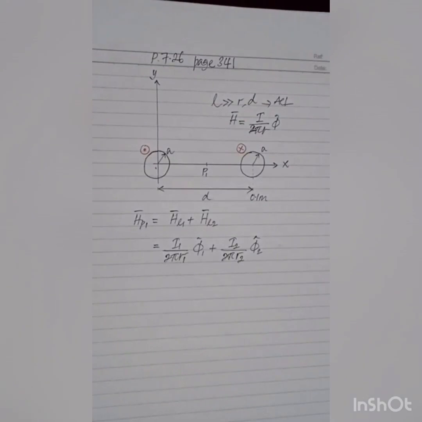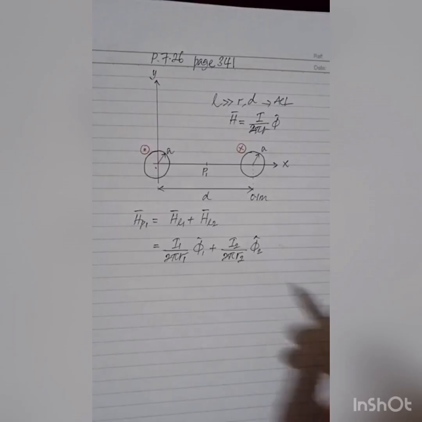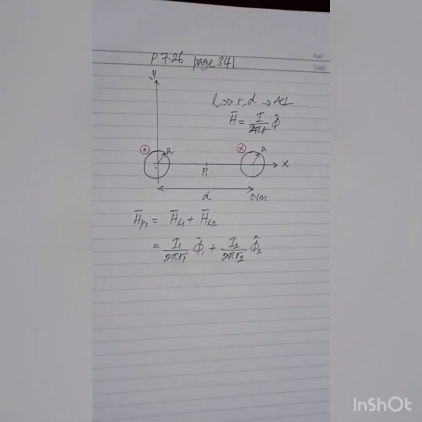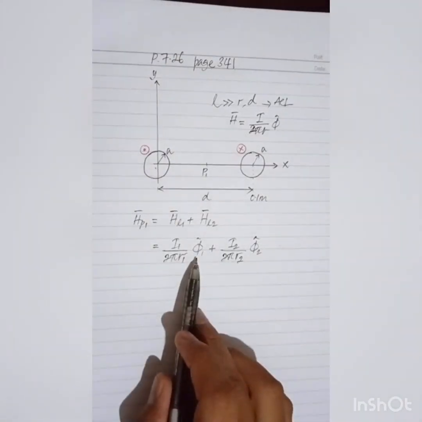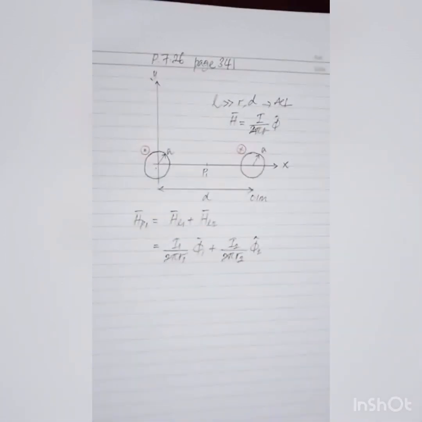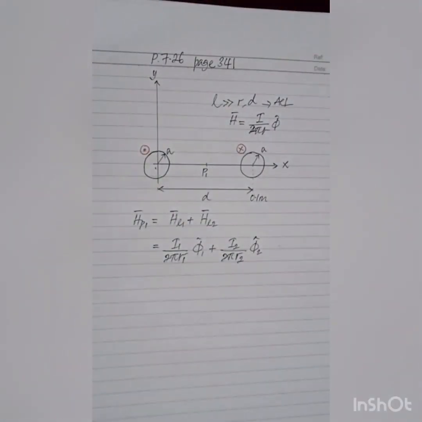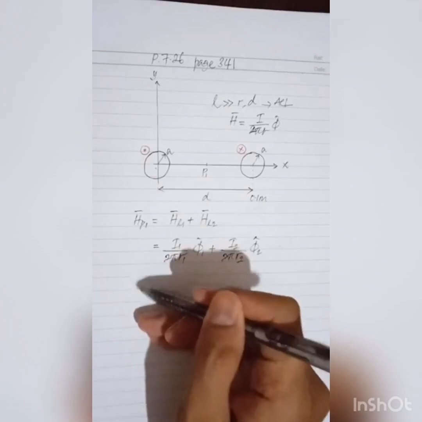Alright, if we just add up as shown here, we don't see the exact direction of the H field at this particular position. So it is better to convert the unit vector phi to the respective Cartesian components using these equations.